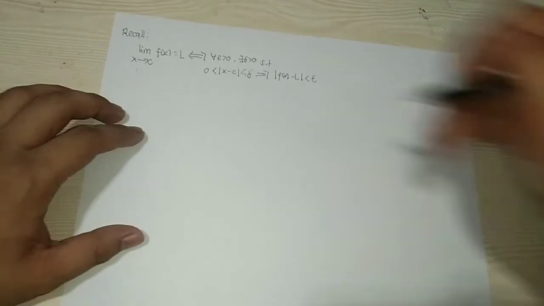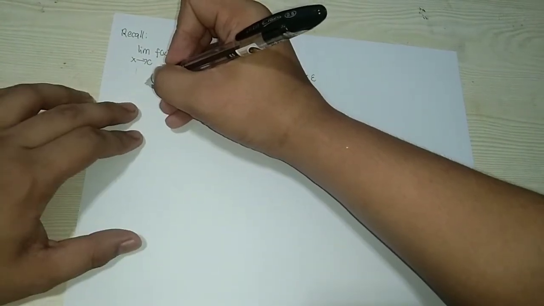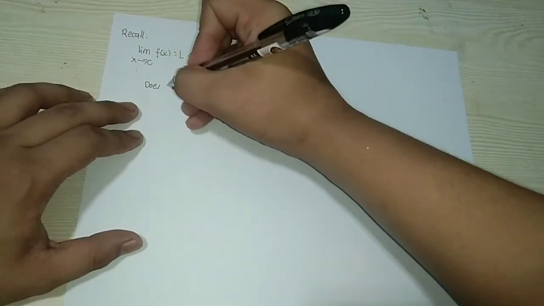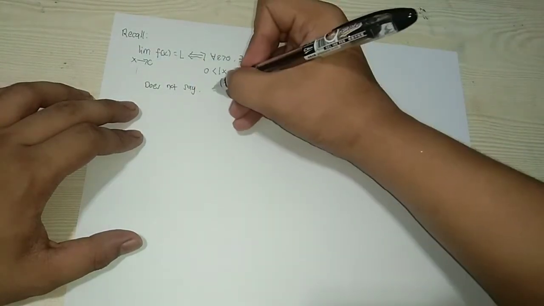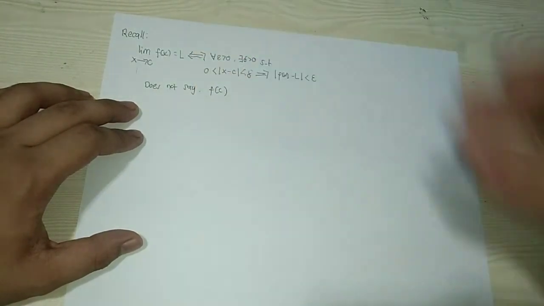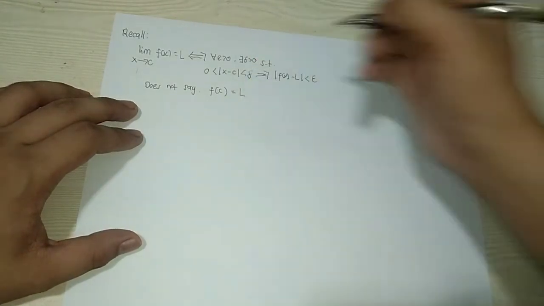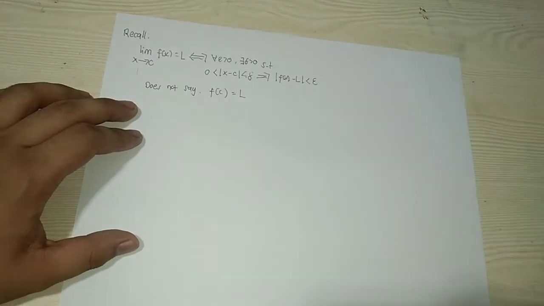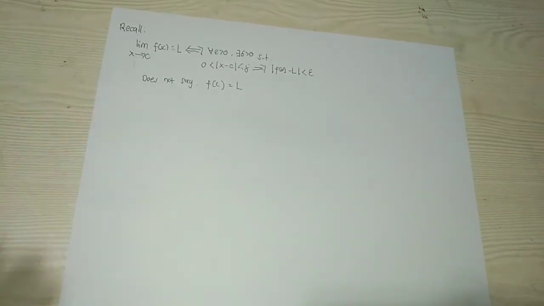So hindi ibig sabihin nun, this does not say yung f of c o yung value ng function at x equals c ay equal sa L. Okay? So, may mga limit na nag-a-approach siya sa L pero hindi yon yung value ng function.